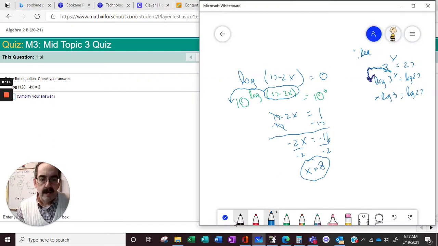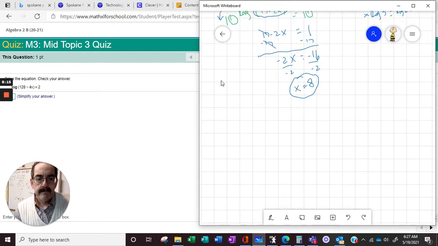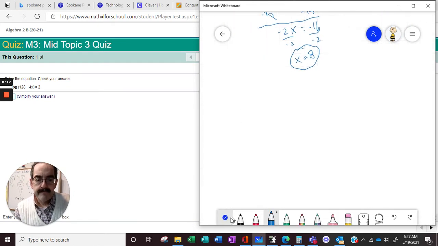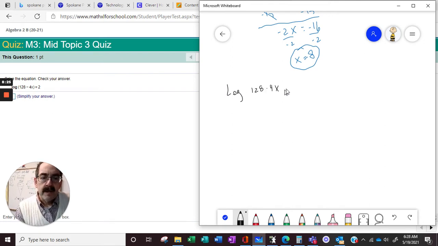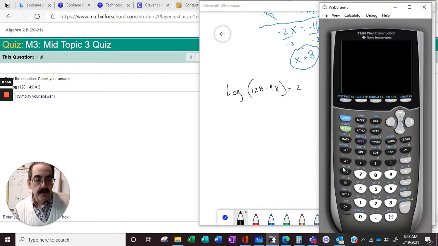All right, so now slide this up. All right, so the log of 128 minus 4x equals 2. We got to undo a log. To undo the power of 10, you take the log.